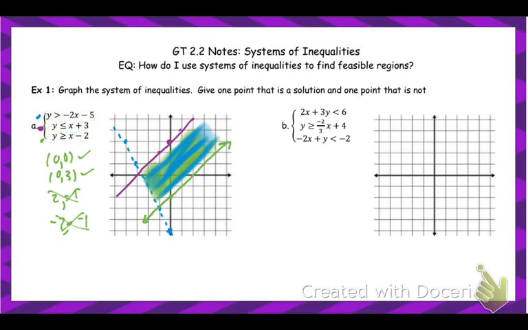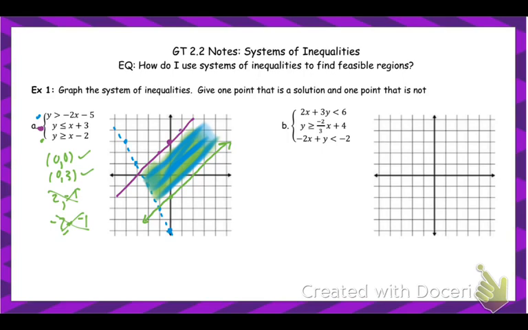If I were to plug negative 2 into this equation, I would get negative 2 times negative 2 minus 5, which is negative 1. I would say that negative 1 is greater than negative 1, which is not a true statement because it's not or equal to. So again, it has to be true for every statement that's on there. Solid line is okay, dotted line is actually not part of that solution.